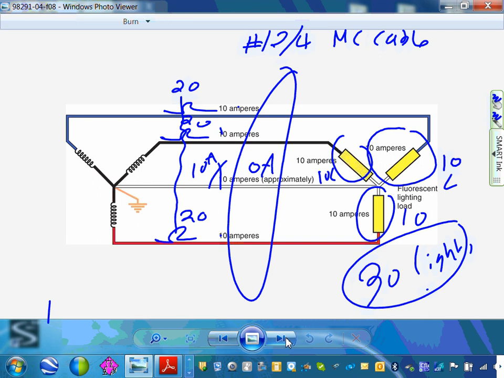How many do we have here? 1, 2, 3, 4, 5, and another 5, and another 5. 15. So all these lights in this room and another room on this cable. Can you imagine the gravity? Just to give you an idea how powerful this 3-phase circuit is. One cable right here. But remember, this is a 12-4.